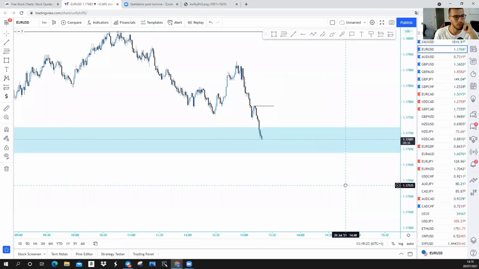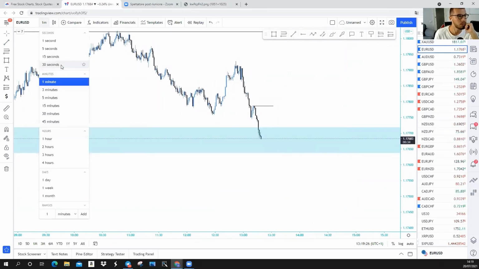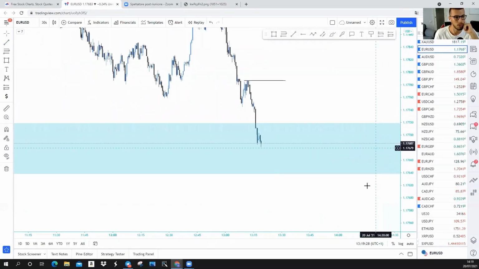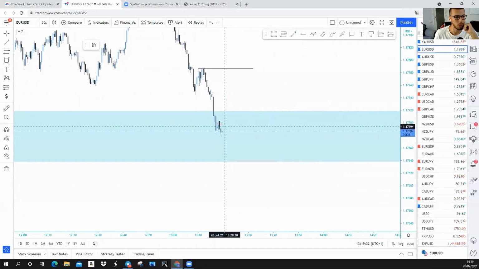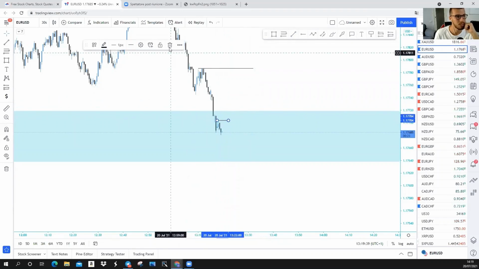And for now, we don't have any other. Let me go to the 30 seconds. This will be a little bit too aggressive to consider this as a break of structure. Let's see.